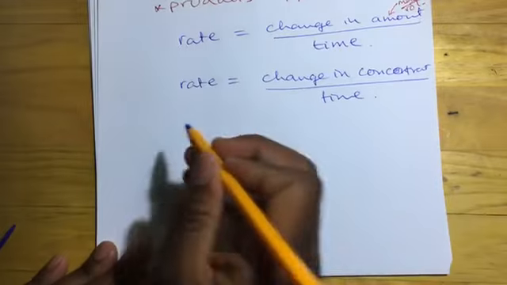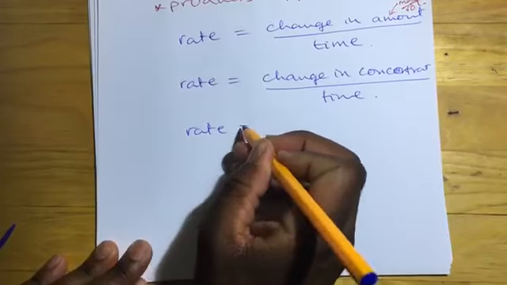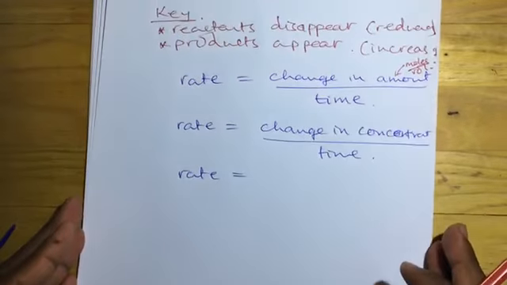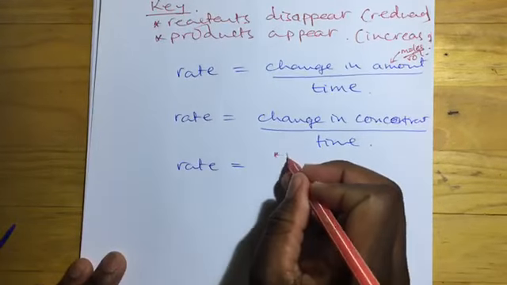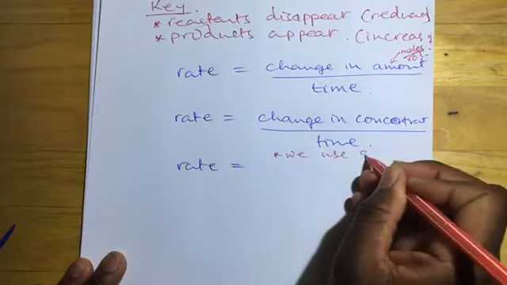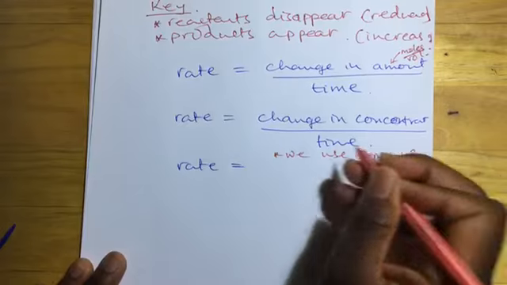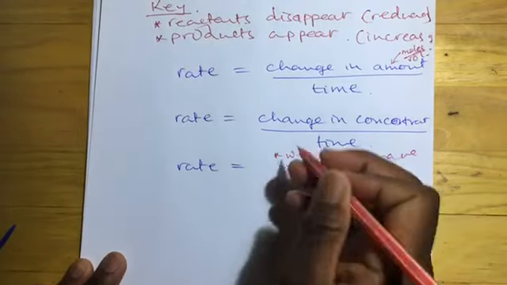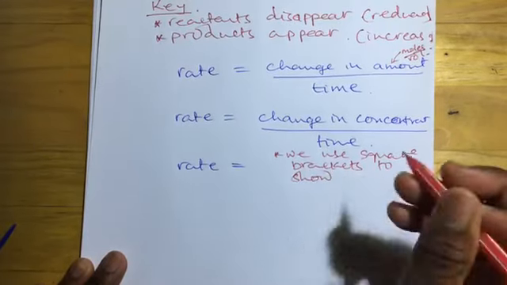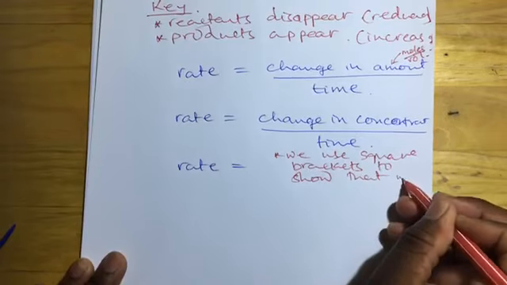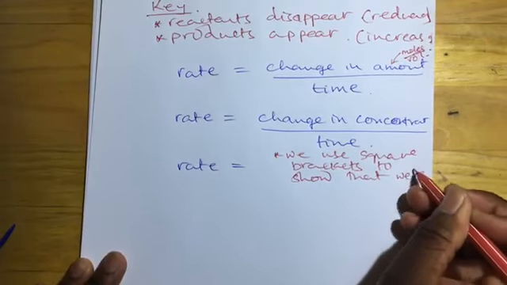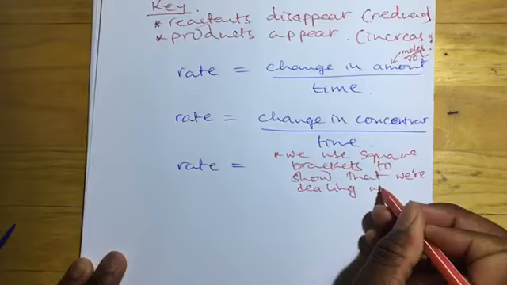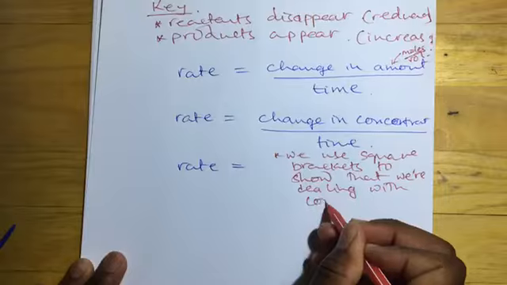Okay. Basically, rate is going to be change in concentration. Now, you guys should have learned from chemical equilibrium that we use square brackets to show that we are dealing with concentration.